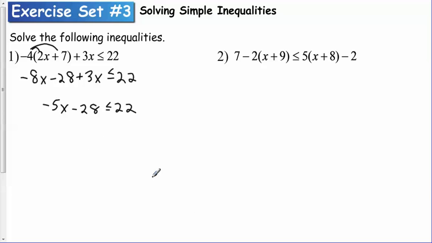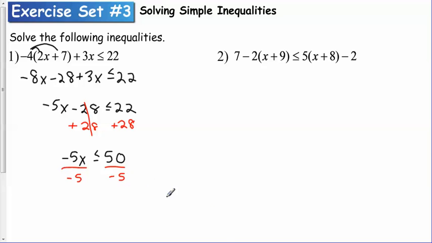Now I can get rid of my constant first, the negative 28, by adding 28 to both sides. And that's going to give me negative 5x is less than or equal to 50. I have to get the x by itself, so I'm going to have to divide by my coefficient, which here is a negative 5.